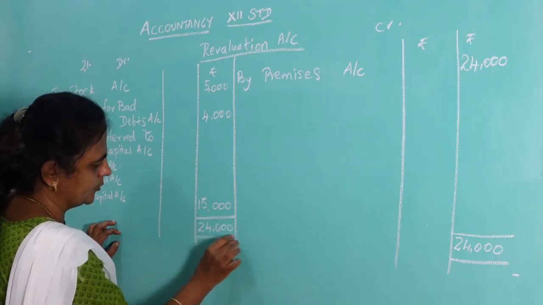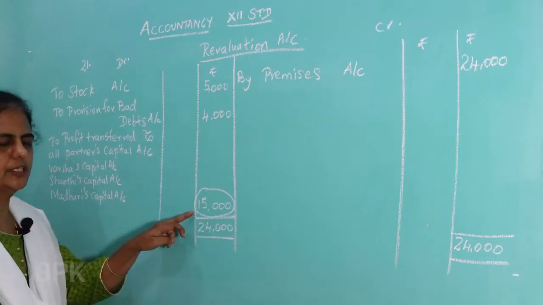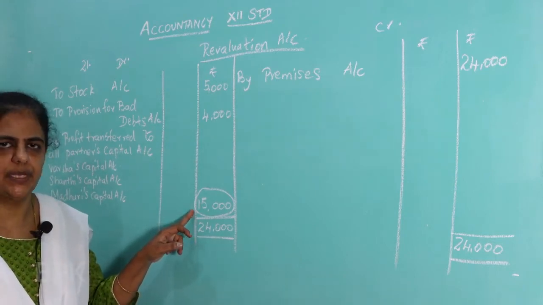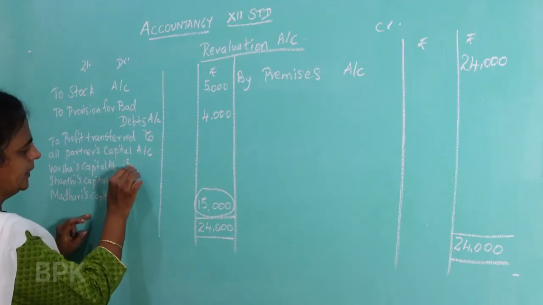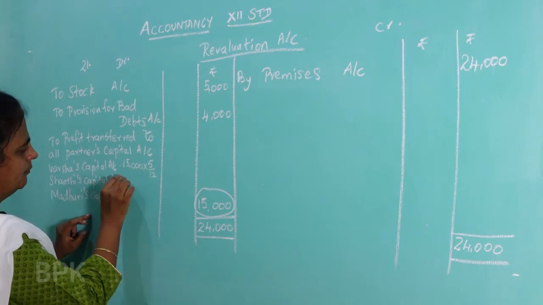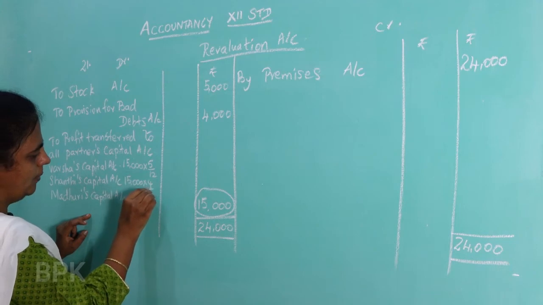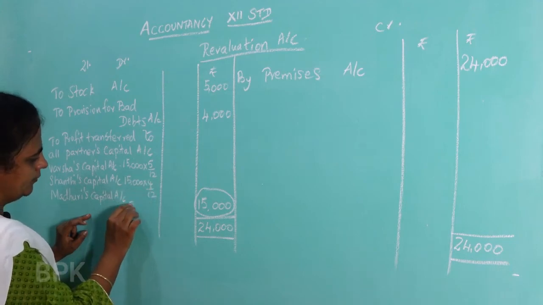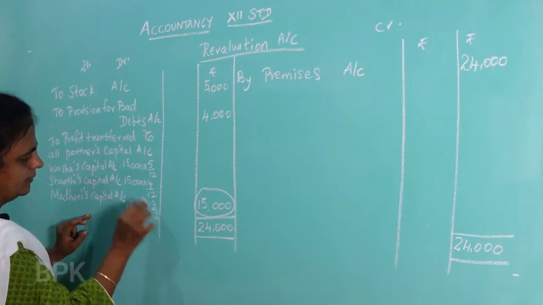That 15,000, what you have to do? You have to divide in the ratio of 5:4:3 for all the 3 partners. That is 15,000 into 5/12, 15,000 into 4/12, 15,000 into 3/12.